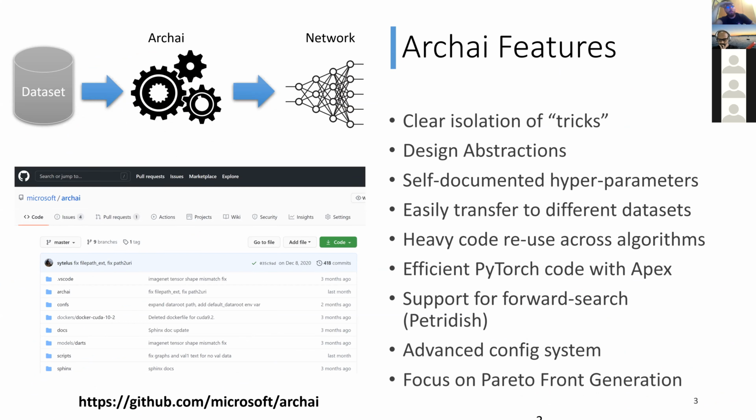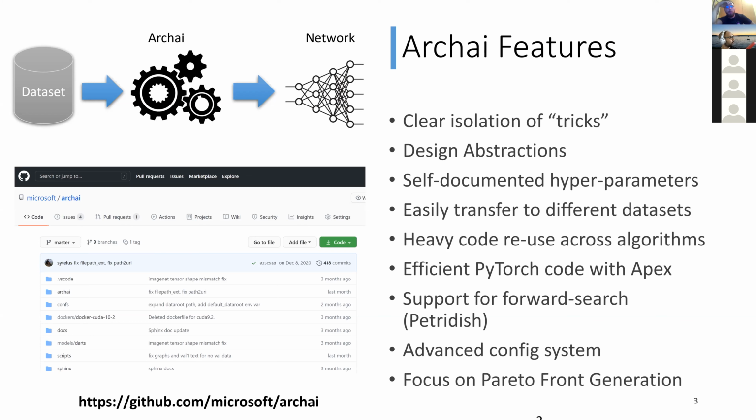I'll walk you through a couple of examples of what we mean by design abstractions. I think it is very powerful because it allows you to use many algorithms like Legos, and it is very extensible, which allows us to put everything into the transformer domain, where the work is now just starting.